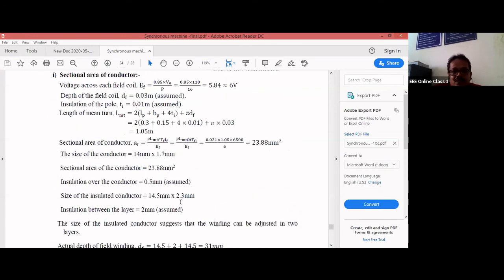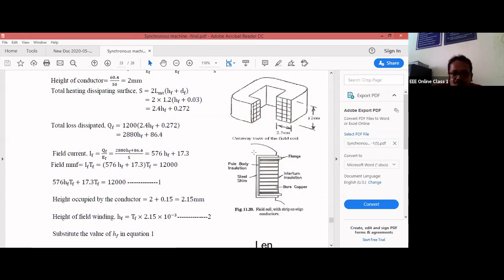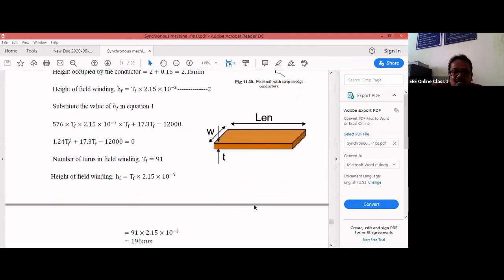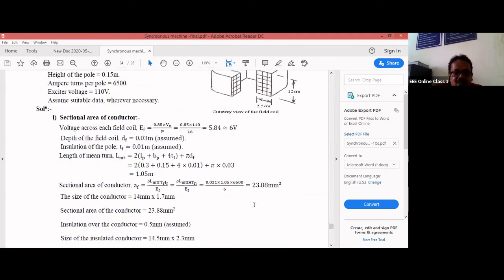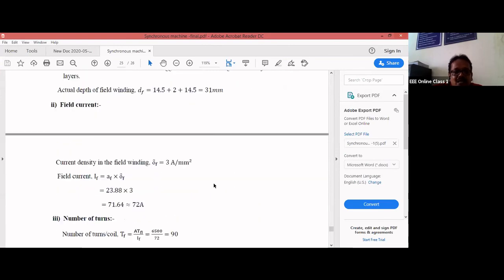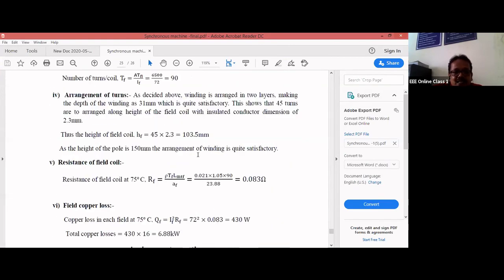Total height of the pole, if you go back to the figure, will be 150 mm. But winding available space for winding is 103.5 mm. The remaining which is left, 150 minus 103.5 mm, is left for what?